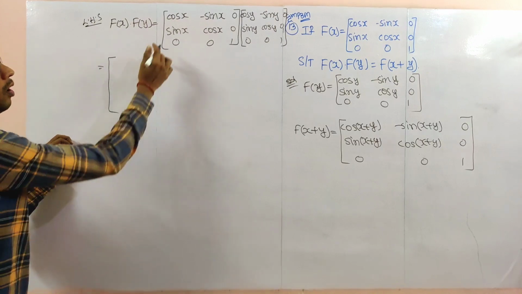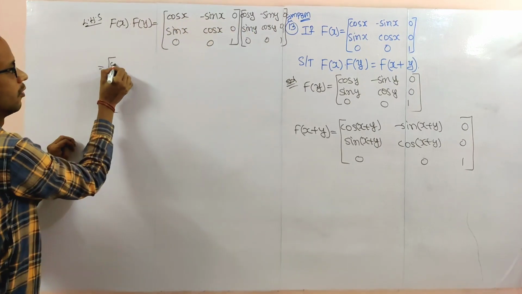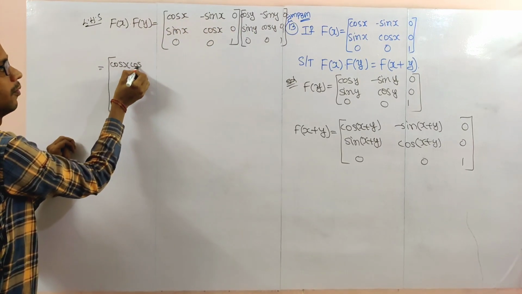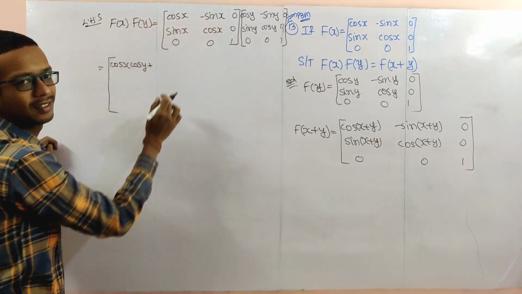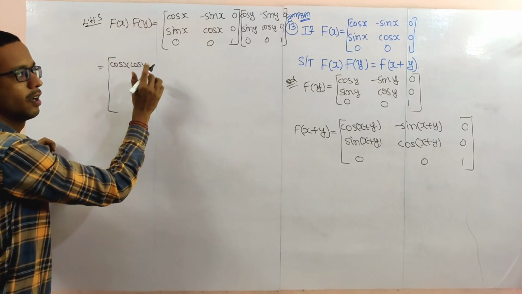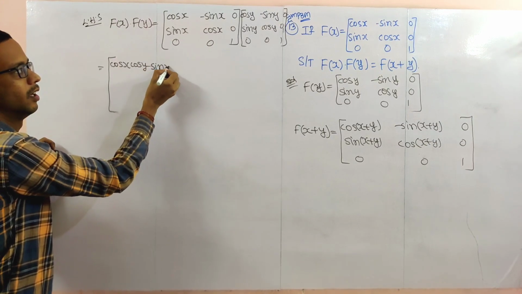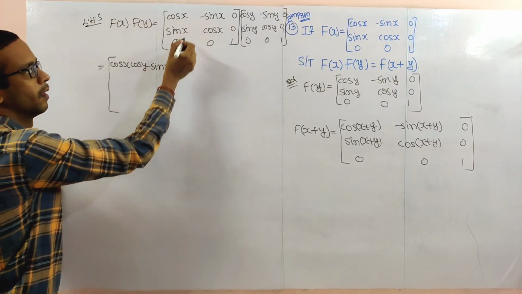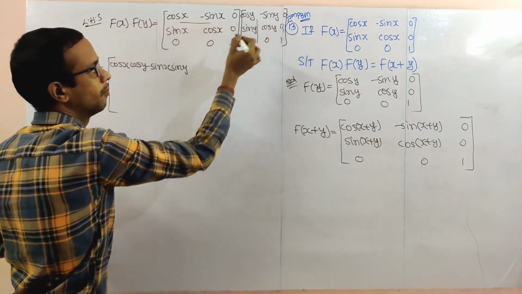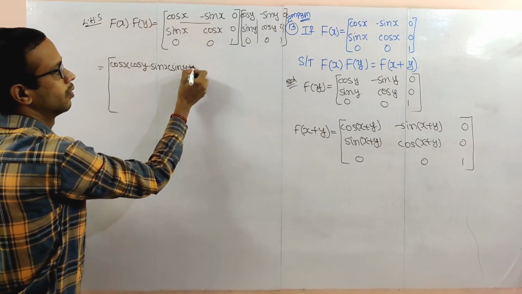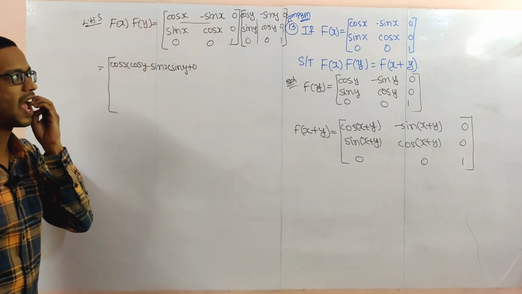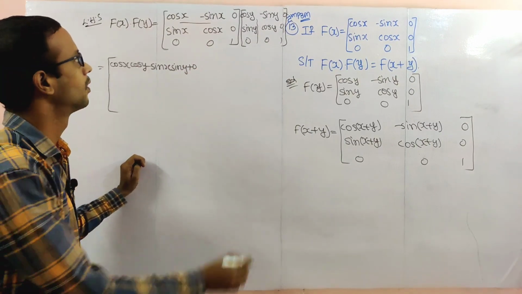So now cos x into cos y, cos x cos y plus minus sin x into sin y, I am writing here minus sin x sin y. So row by column method. Next 0 plus 0, 0 only. Next what we have to write?